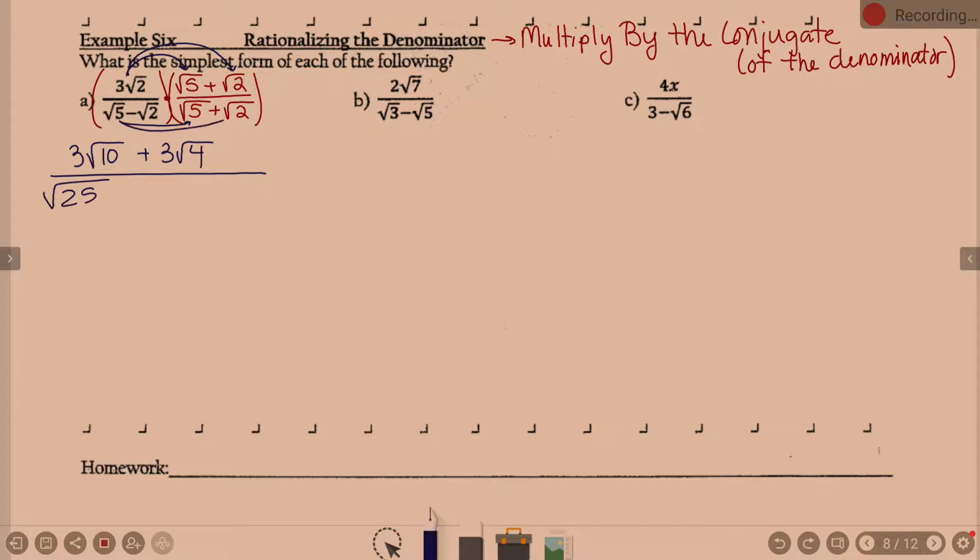Square root of 5 times square root of 2, square root of 10. Minus square root of 2 times square root of 5, minus square root of 10. Minus square root of 2 times positive square root of 2, minus square root of 4.